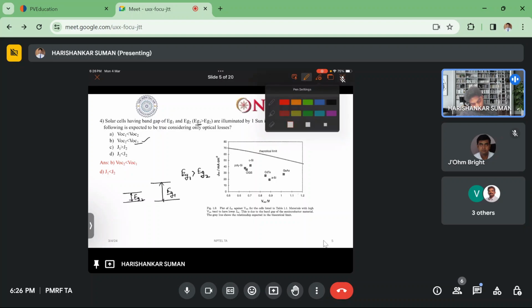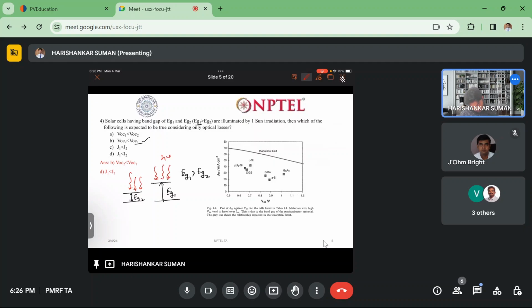When illuminated by one sun, let's say the same light of photons, which one gets more light, Eg1 or Eg2? One sun has all the spectrum range, let's say 200 to 800, 900 or 1200.